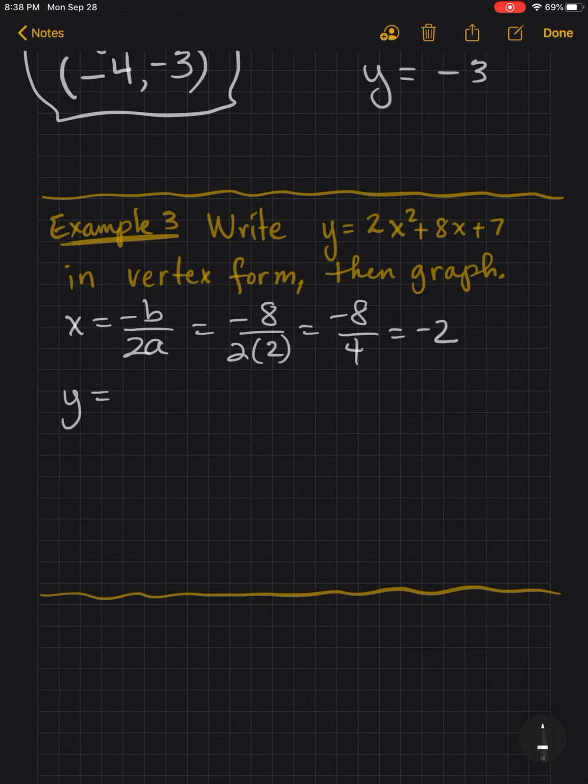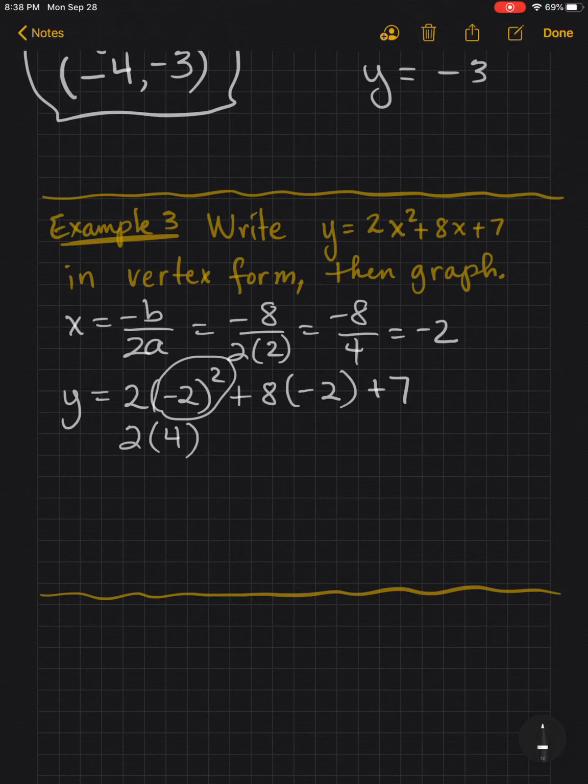And now I'm going to plug in my x values, being very careful of my order of operations. Those algebra skills are being used constantly. So I'm going to do exponents first. So that's a positive 4.